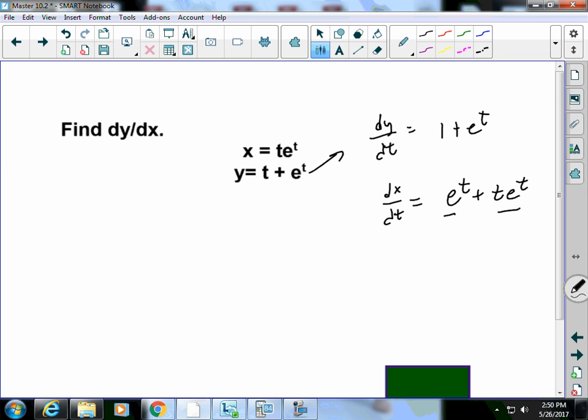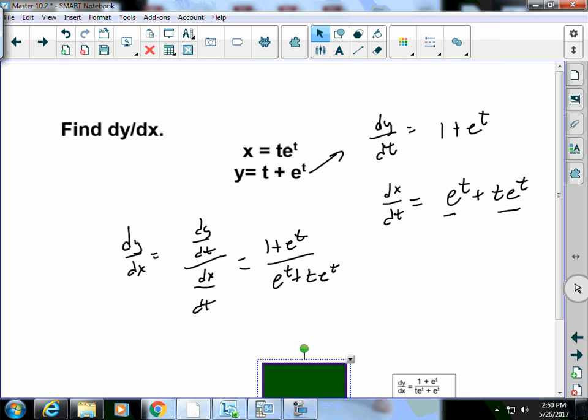It's a product. So if I want dy/dx, I need dy/dt over dx/dt. dy/dt was 1 plus e to the t, and dx/dt is e to the t plus t e to the t. And that's the solution for this problem.